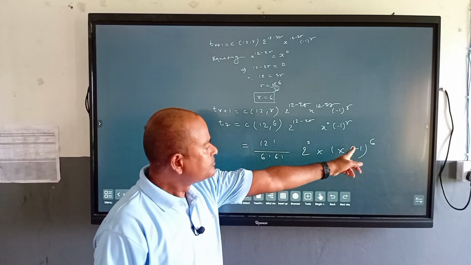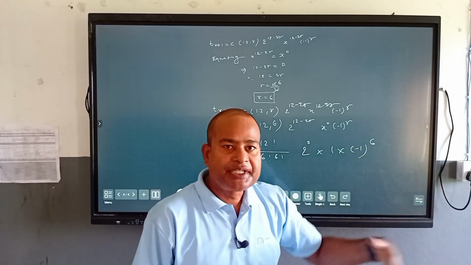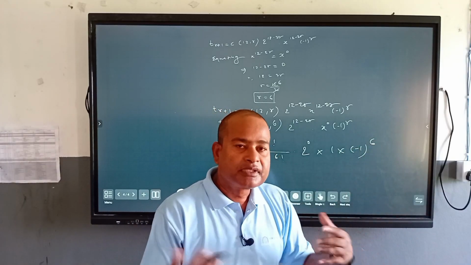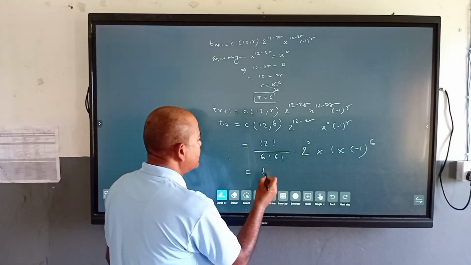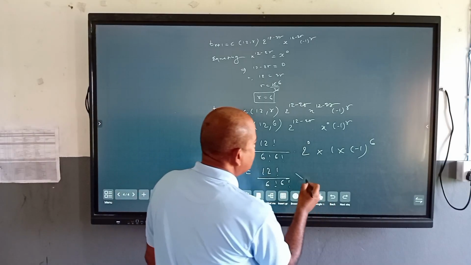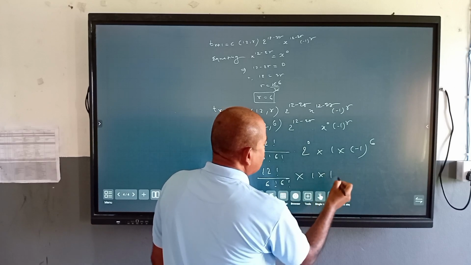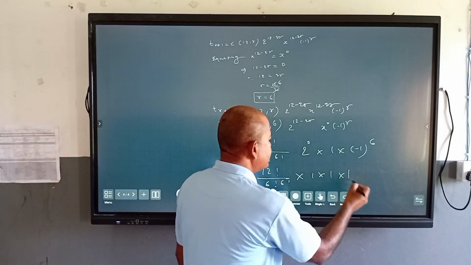So if the power of any negative integer is an even number, then its value will be positive. So 12 factorial by 6 factorial into 6 factorial, 2 power 0 means 1, and minus 1 power 6 means plus 1. We get the positive value.